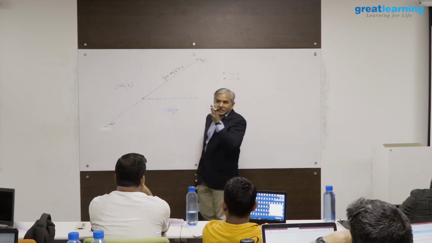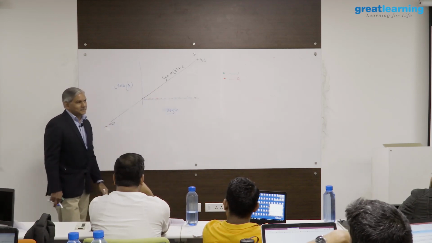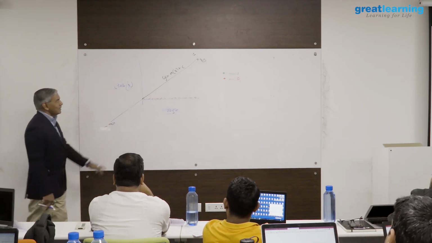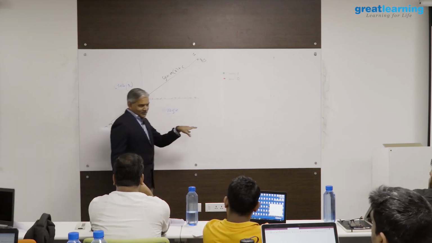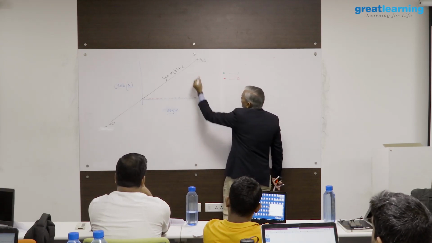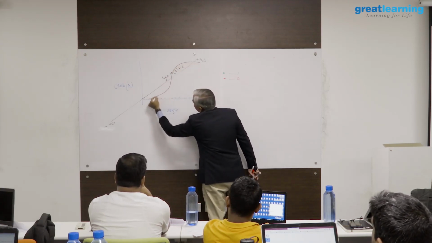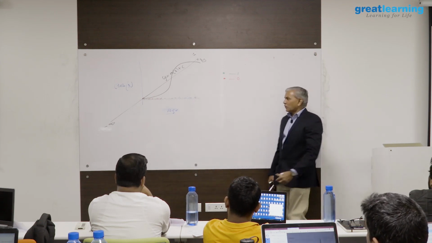Probabilities have to be within 0 and 1. They can't be below 0 or above 1. So we can't use a linear model. We use another technique where we transform this line into an S-curve. This S-curve is called a sigmoid.